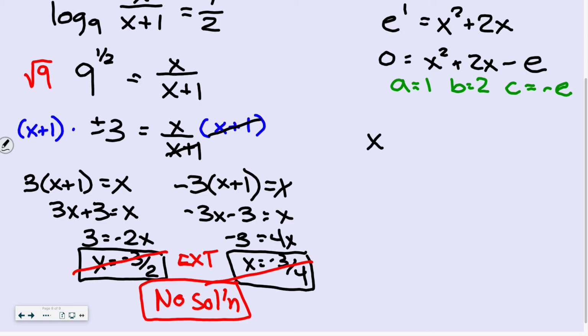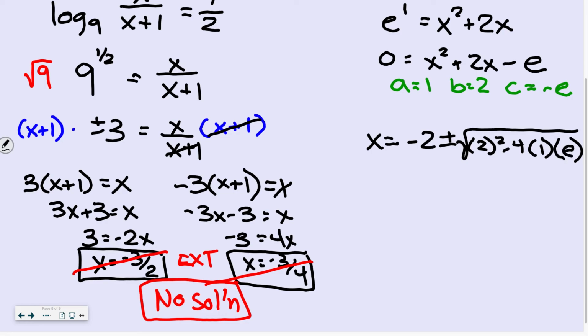This would be x equals the opposite of b plus or minus the square root of b squared minus 4ac, which happens to be e. Oh, negative e. Sorry, negative e, that makes a difference. Divided by 2 times 1.